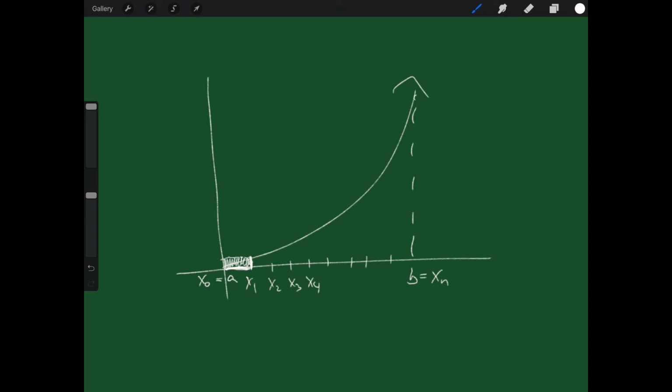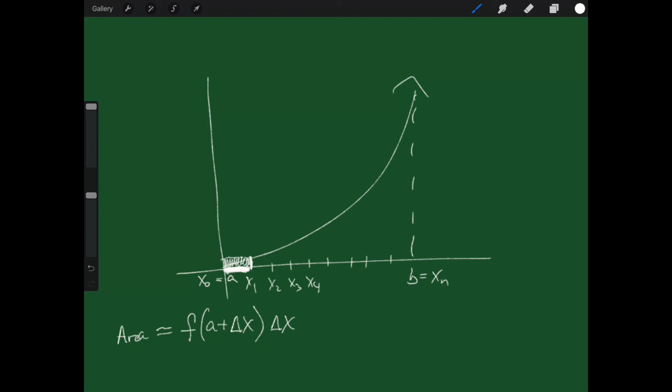So I'm trying to find some area here, and the area is going to be approximately f of a plus delta x times delta x, where delta x is the width of the rectangle.